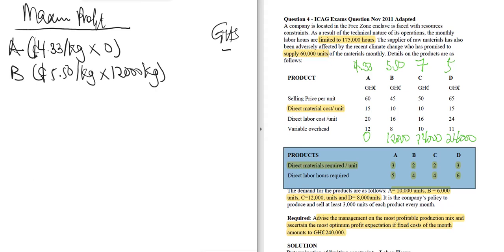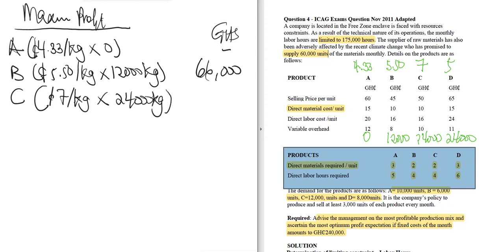So we have 5.5 times 12,000 kg. That gives us 66,000. Did we get 66,000 for the first one? I think so. Then when we come to C, we made what? 7 cedis per kg, not so, but how many kgs? It was 24,000 kgs. So we have 7 by 24,000 kgs. That gives us 168,000. I think we also had that, not so.